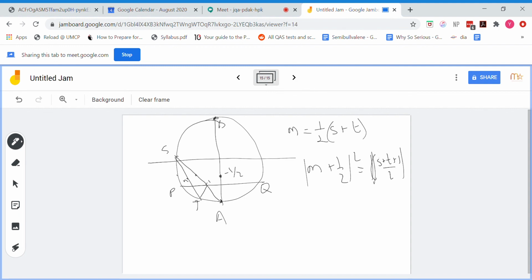That's what we're really trying to prove. Alright, so if we square that, we get 1/4 times 1 plus S squared plus T squared plus 2S plus 2T plus ST, right?